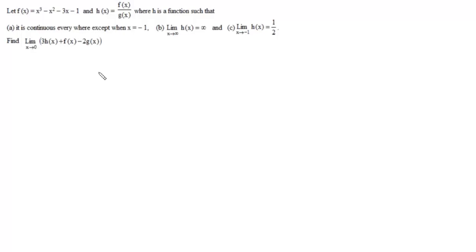Now here the question is, we are given this function f(x) which is x cube minus x square minus 3x minus 1, and we are given h(x) as f(x) upon g(x).